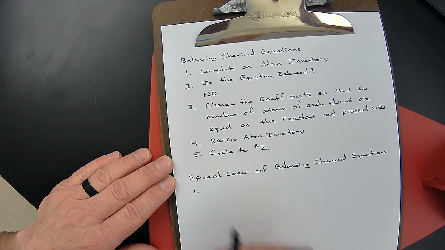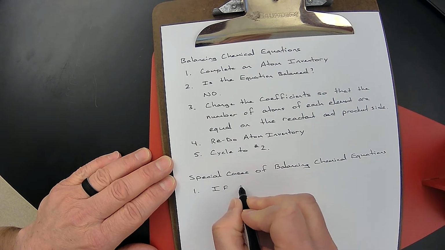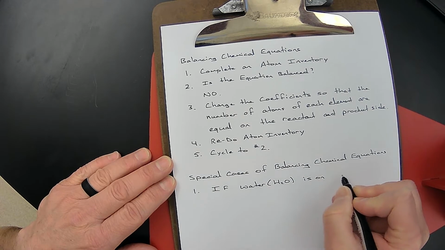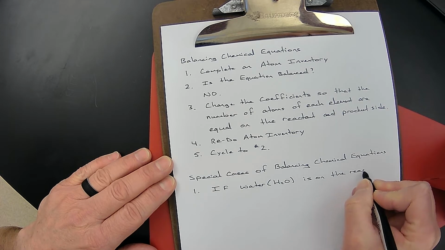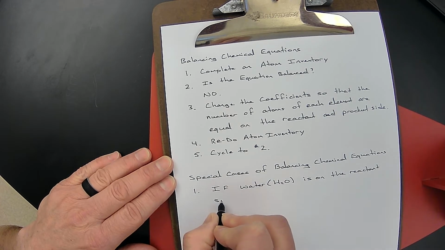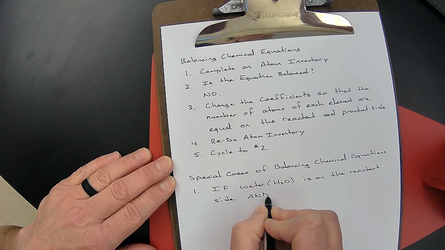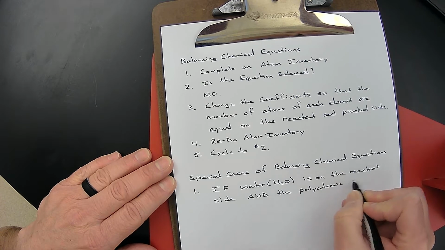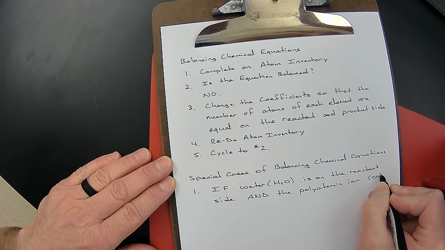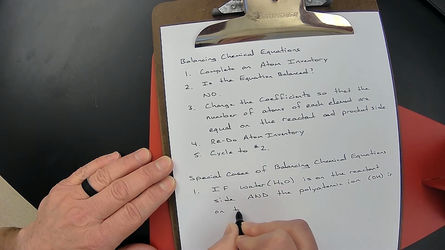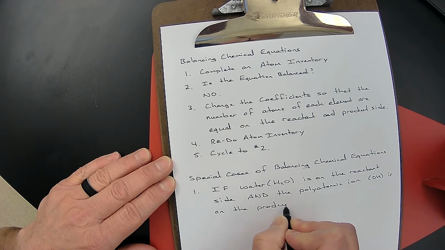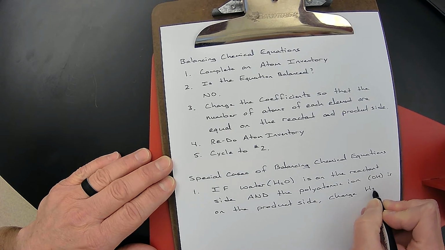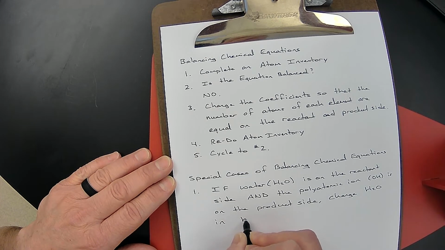The first one: if water, H2O, is on the reactant side and the polyatomic ion OH is on the product side, change H2O into HOH.